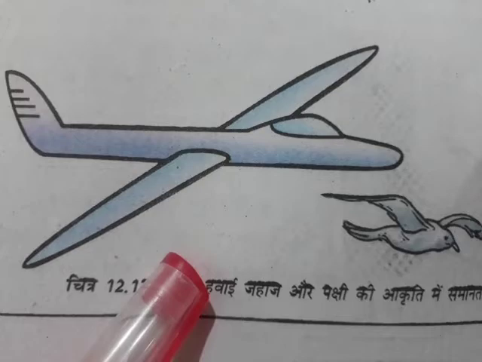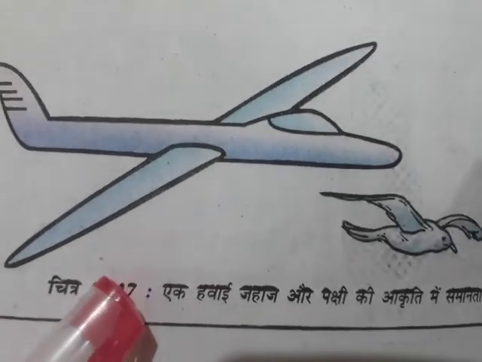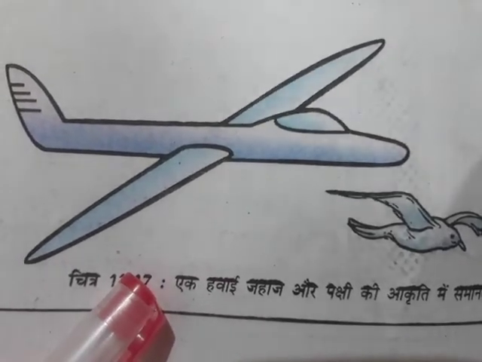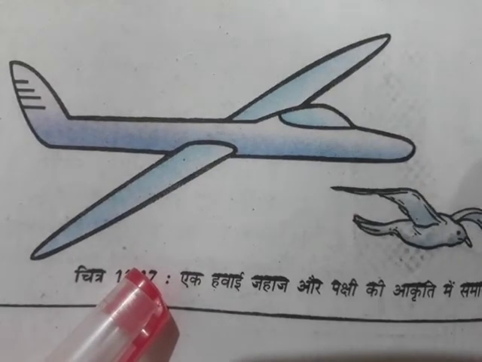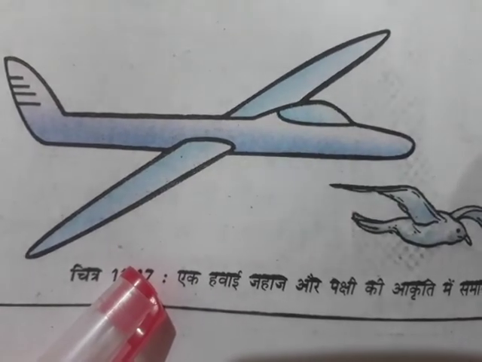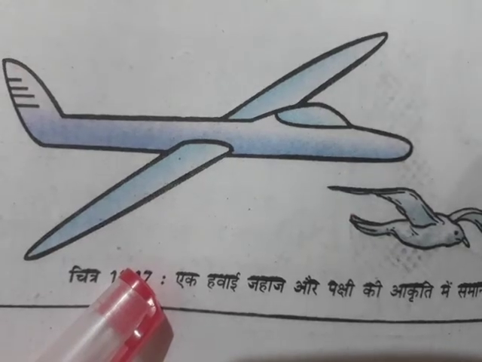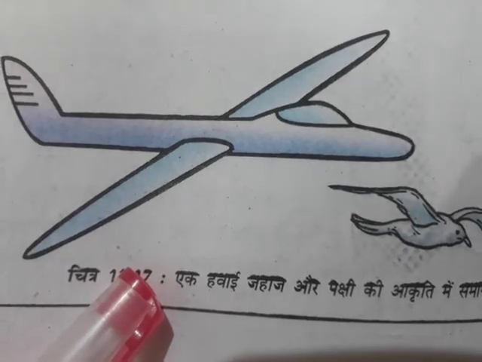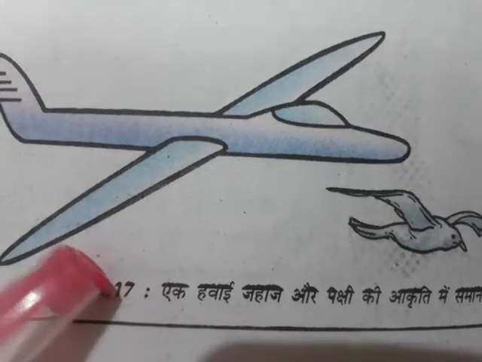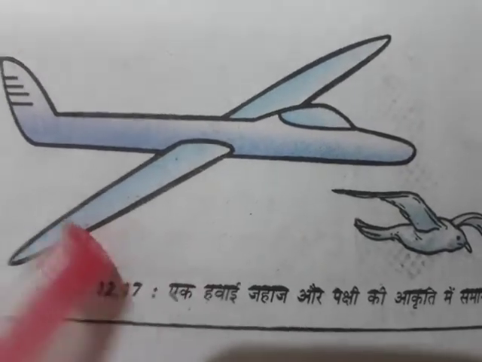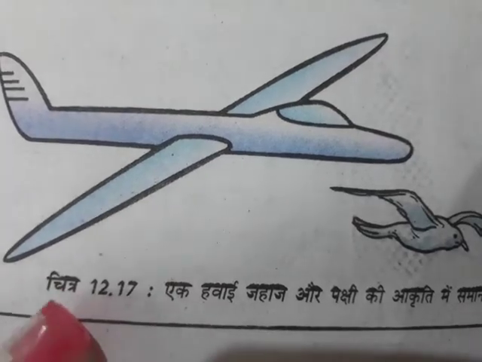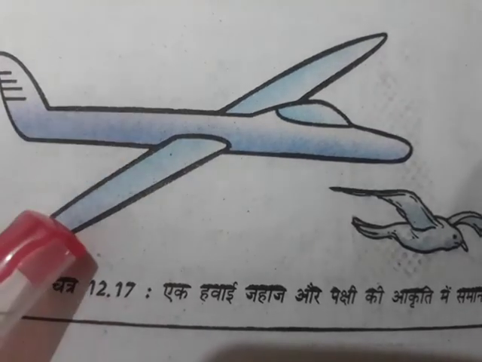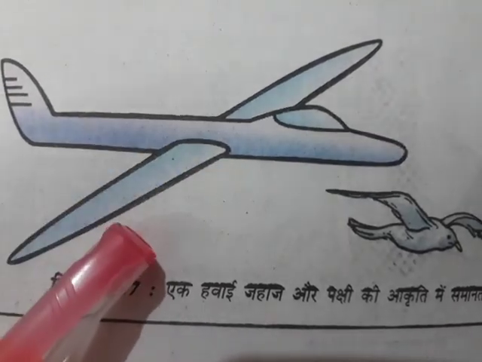By giving an object a special shape, the force of friction acting on it can be minimized. Hence, it becomes easier for the body to move through the fluid. By giving a special shape, we minimize friction. In this diagram, the similarity in shape of an aeroplane and a bird.